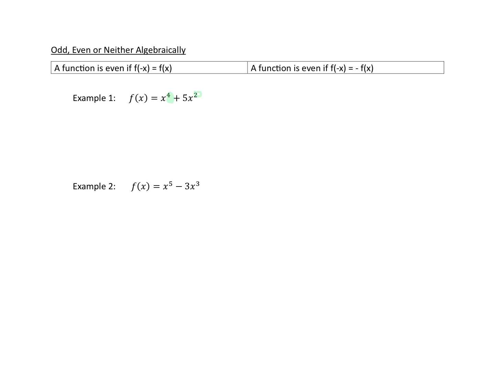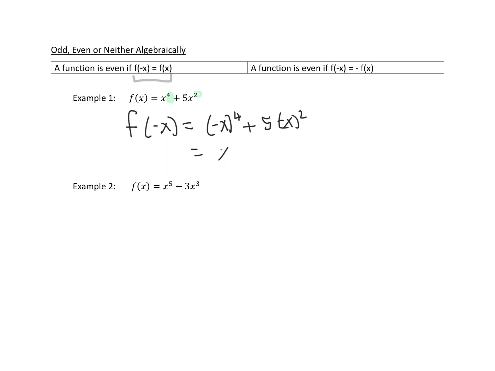The way I prove it is by plugging in -x to see whether I'll get the same original function. So here I have f of -x equals (-x) to the power 4, and this is 5(-x) squared. When you raise a negative to an even exponent, it doesn't change.